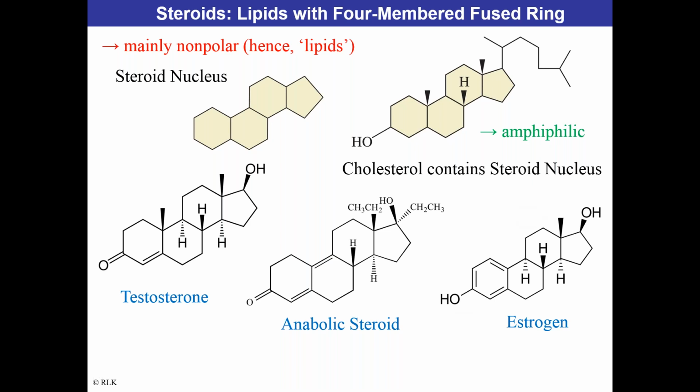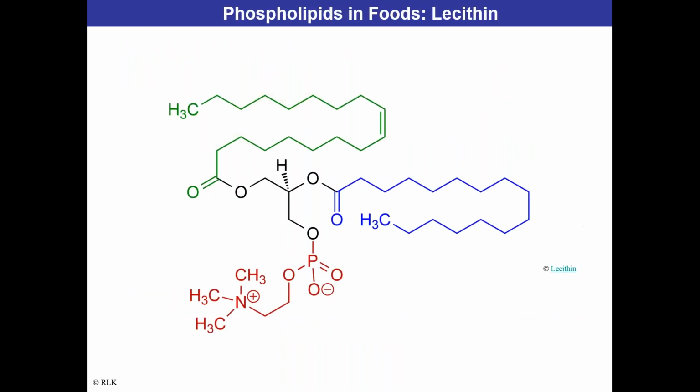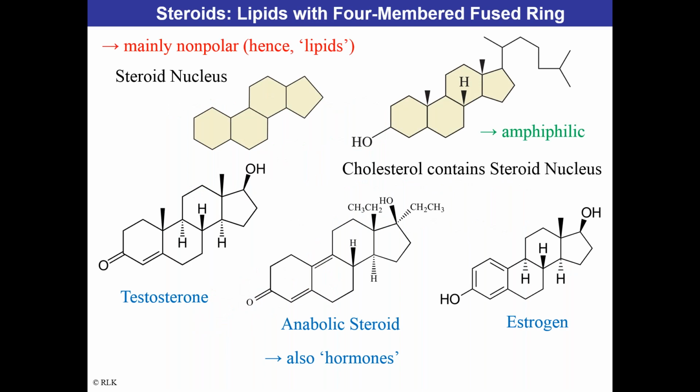So the differences between testosterone and estrogen might look subtle molecularly, but they're enough to change the type of intermolecular forces that could be experienced, whether they're dipole-dipole interactions for testosterone via that carbonyl, or instead hydrogen bonding interactions in the estrogen molecule. So these are also known as hormones, I should say.